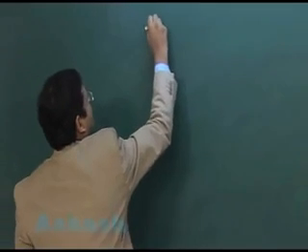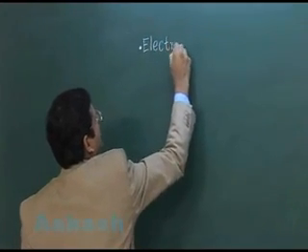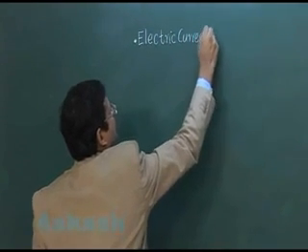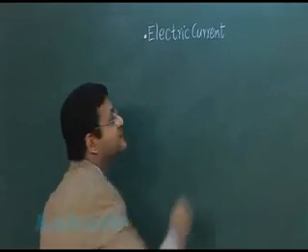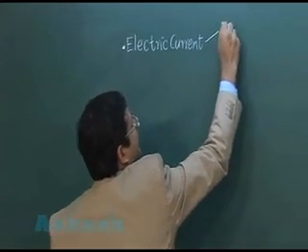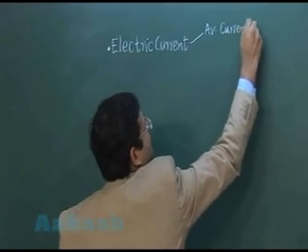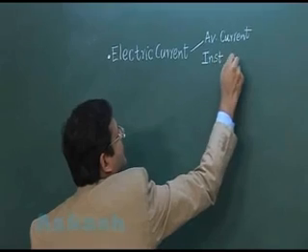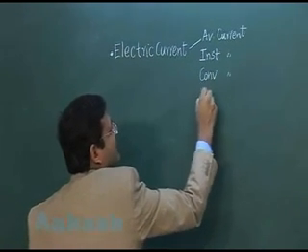In this lecture, first we talked about what is the meaning of electric current. इसमें हमने ये देखा कि what is the meaning of average current, instantaneous current. Average current क्या है? Instantaneous current. What is conventional current? What is electronic current?